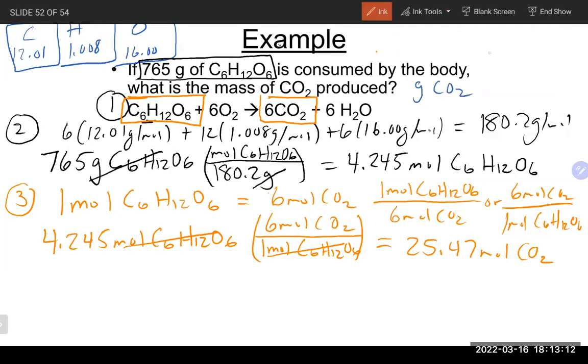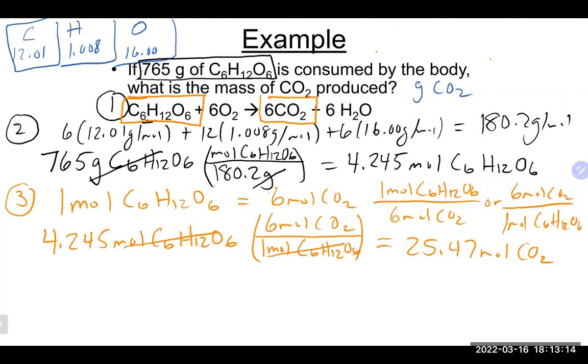Again, we get to the point where we have successfully gotten to CO2, which is our goal, but our goal is not moles of CO2, it is grams of CO2. So we need to do the fourth step, which is to take that number we just got and convert it into grams.